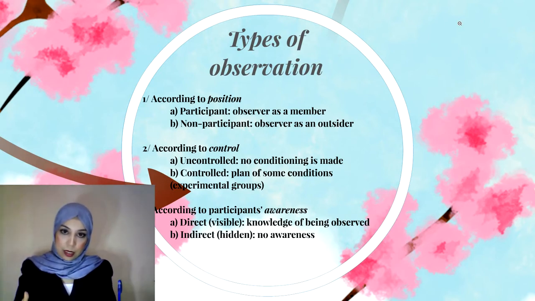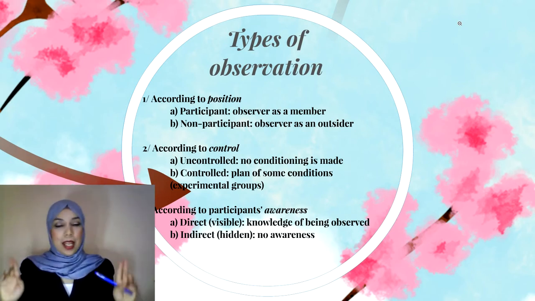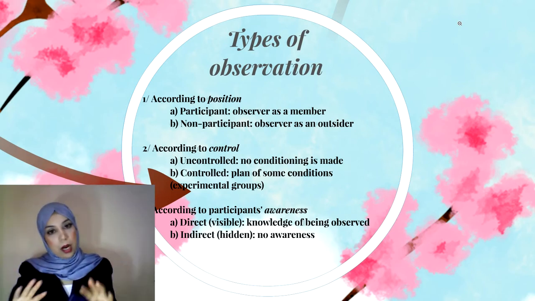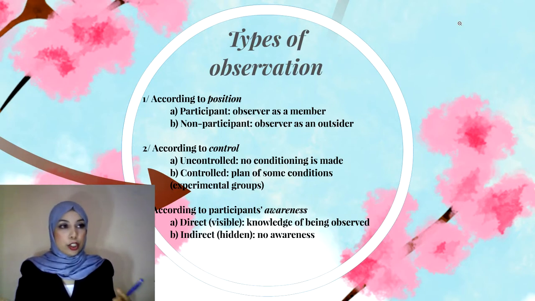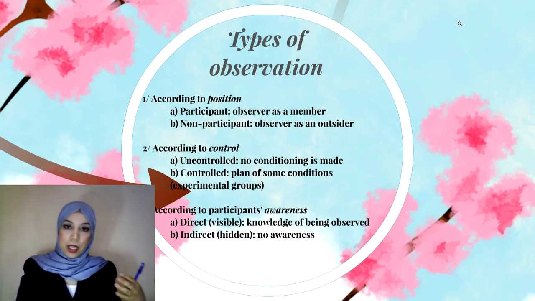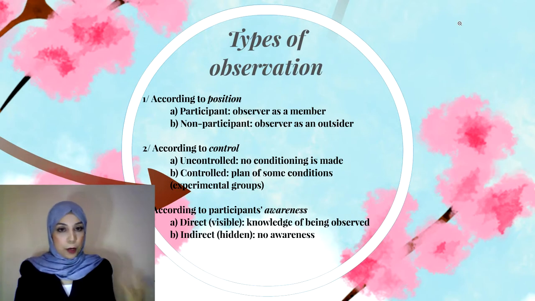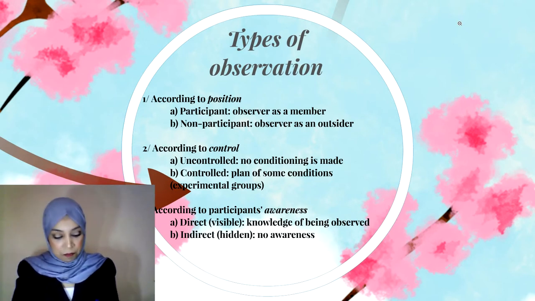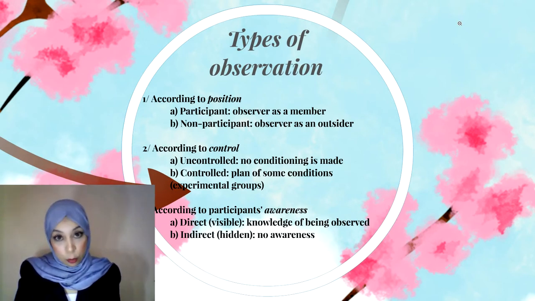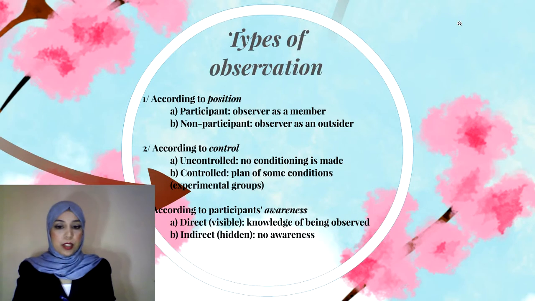Whereas in the other type, the researcher is hidden. There are some ethical issues with regard to this type, but in order to achieve the requirements and the purpose of the study, some or most researchers do not tell their informants that they have been observed. So this is for awareness.